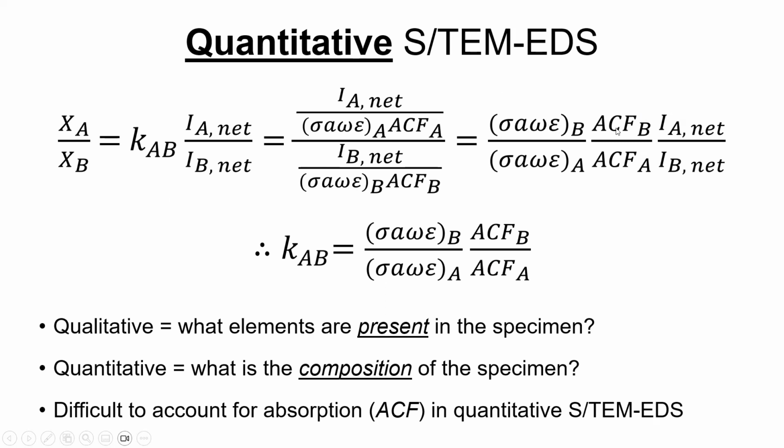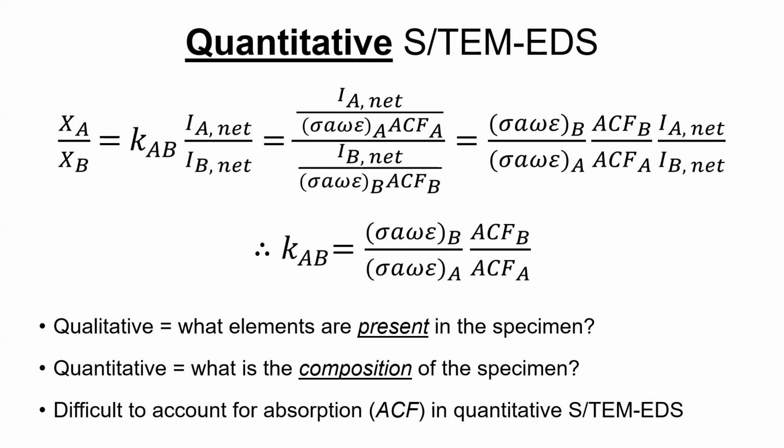The ACF term, which I'll briefly go over, is related to absorption of the X-rays in the sample. We call it the absorption correction factor, ACF. This can be important when you're doing quantification, but it's difficult to accurately account for it in quantitative analysis.